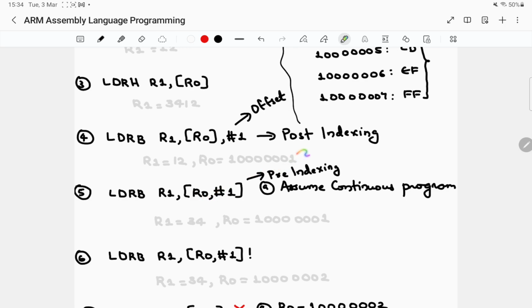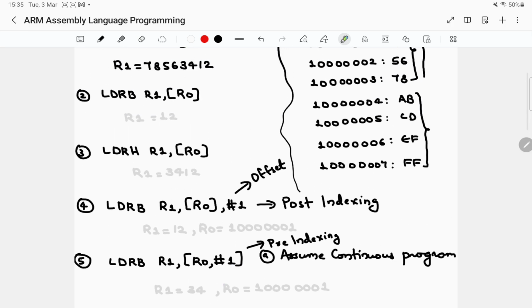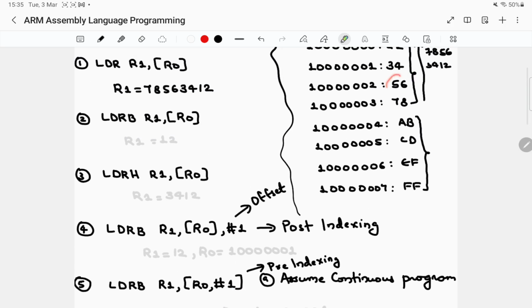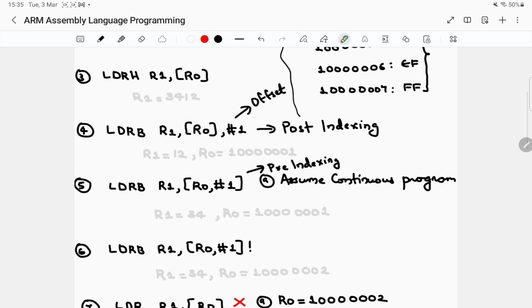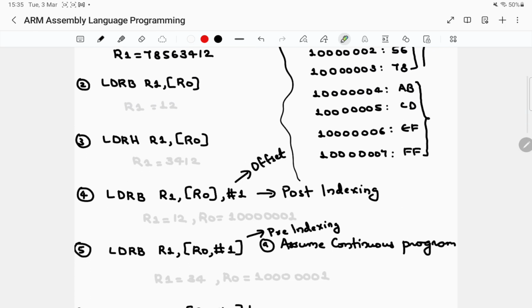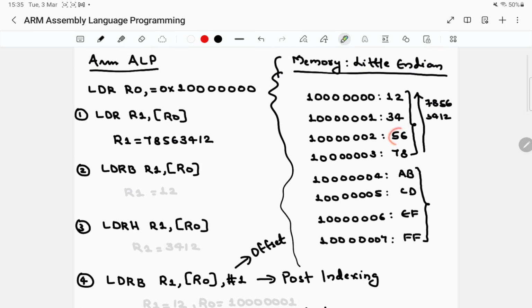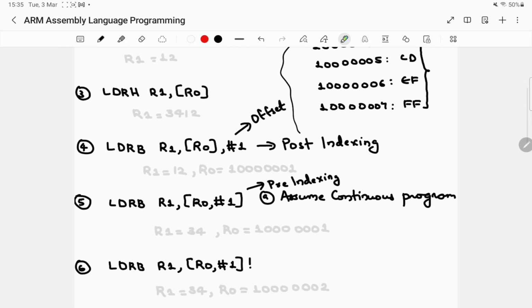R0 was 1 followed by 6 zeros and 1, so it becomes 1 followed by 6 zeros and 2. In that address the value is 56, so R1 has to be 56.